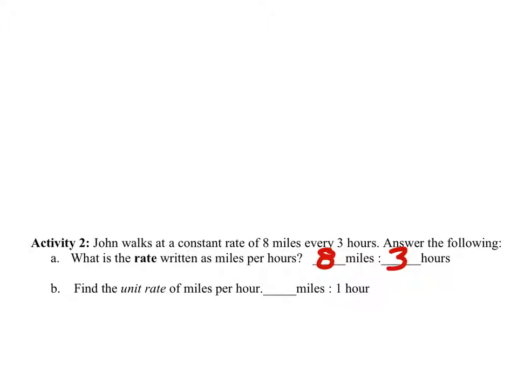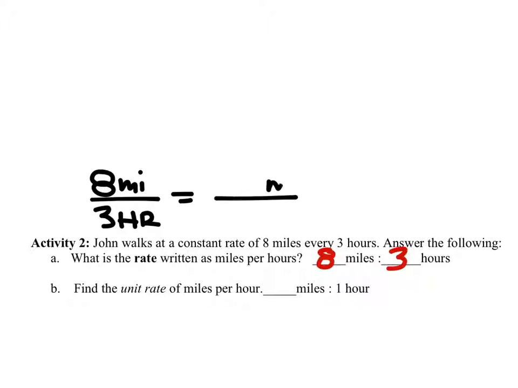It asks us for a specific unit rate in miles per hour. So if we wanted to scale this, we started with 8 miles to 3 hours, and this should equal some number of miles in 1 hour. How many miles is that?